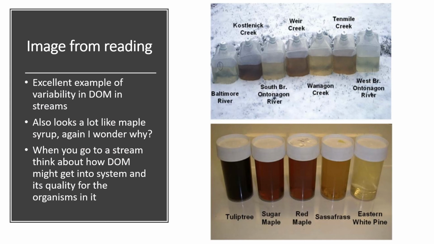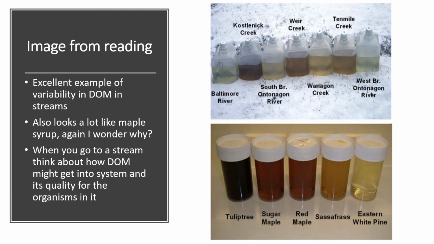I took this image from the reading because it's a really wonderful example of the variability of DOM in streams. Take a look at all these different streams up here at the top in these what are effectively milk jars. What you can see is that the color is all different, and they often look like a maple syrupy color. What does that tell you about things like maple syrup?